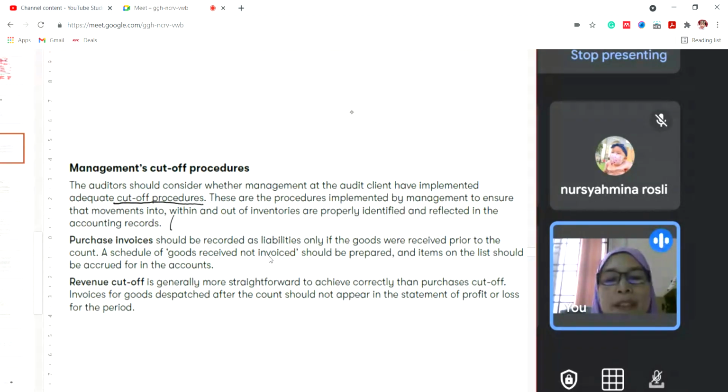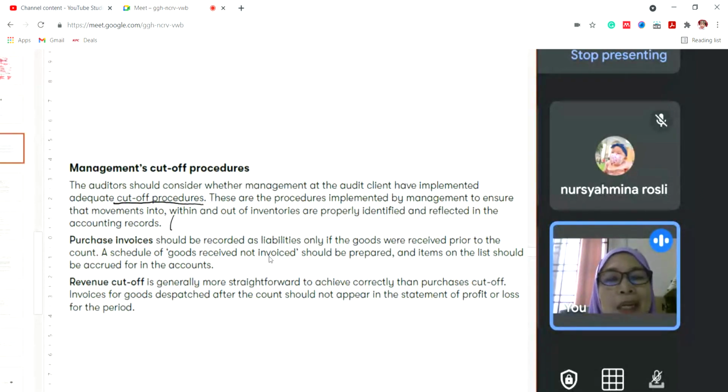So that's why, okay, when you want to rely on the internal control system of the company, instead of performing the TOC, you must also look at the flow chart of the company. Or you can give them the internal control questionnaire.